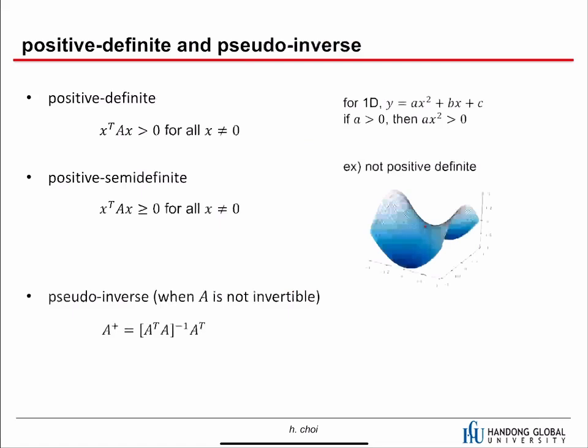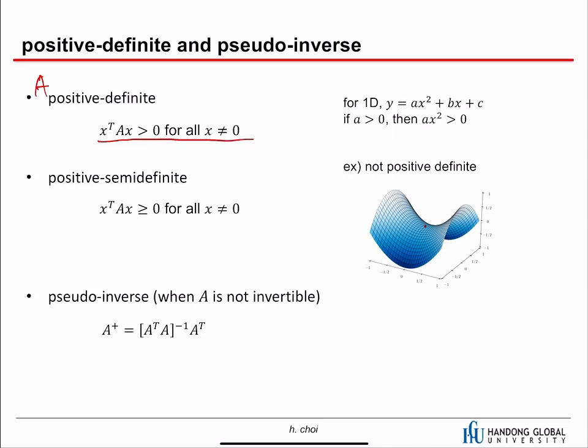And when we have a matrix, we sometimes talk about positive definite or pseudo inverse. Okay, what is positive definite? A matrix A is positive definite when this is satisfied: X transpose A times X is always positive for all X which is non-zero.